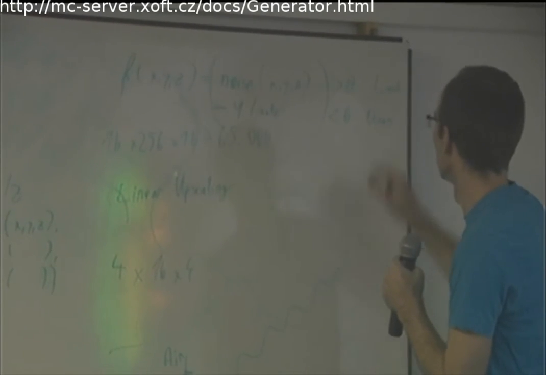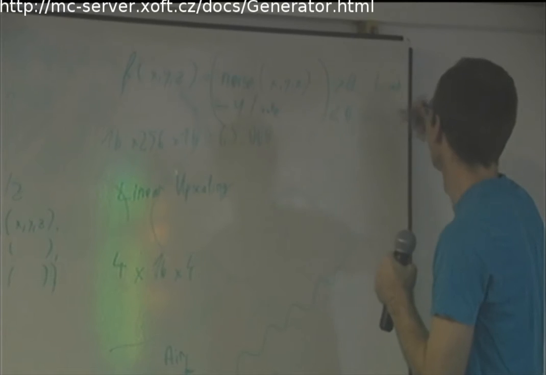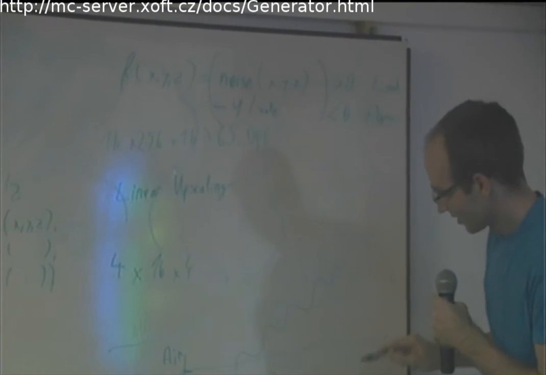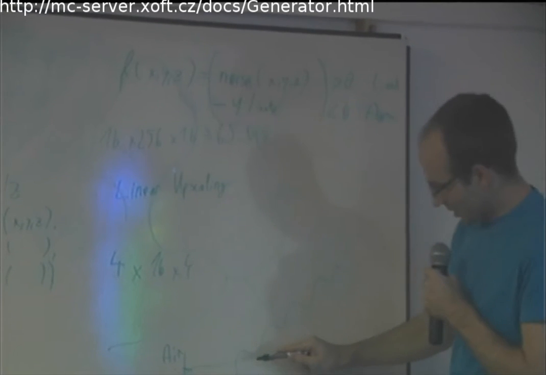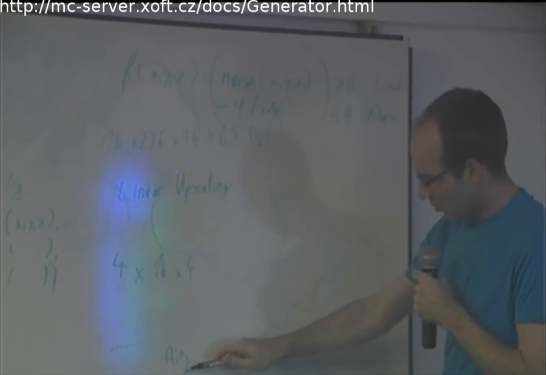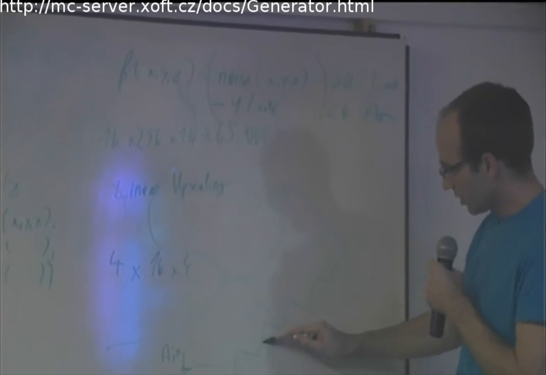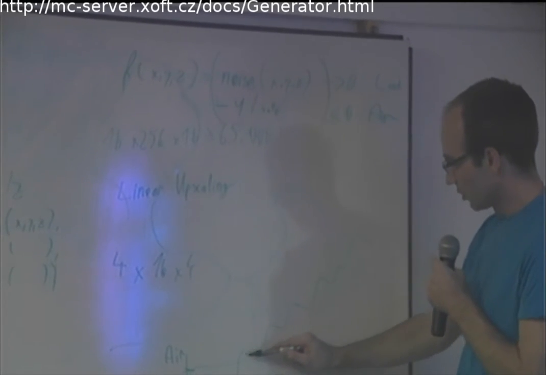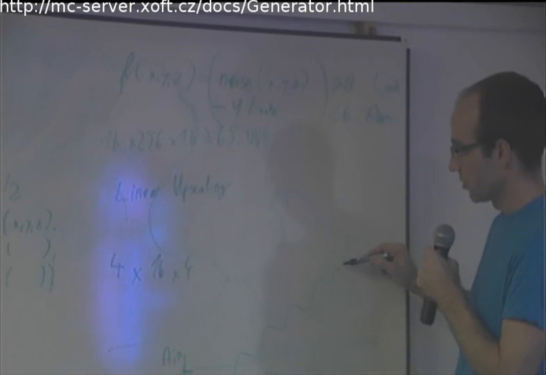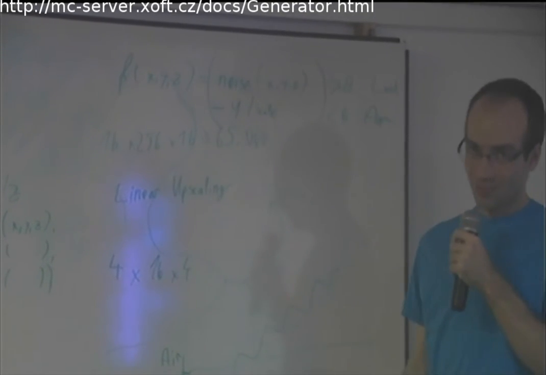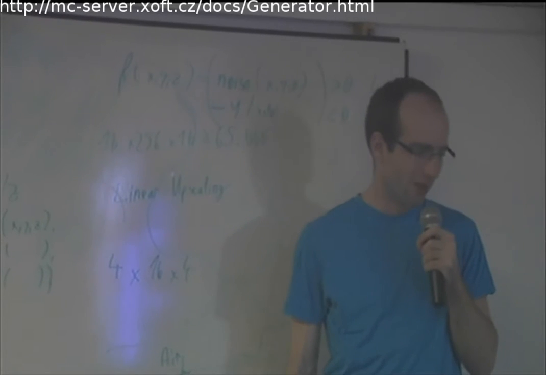Whoa, I said ocean here. Okay, so when we say upwards is air, downwards is land, it means that this noise actually generates air the more up it goes. I hope this is understandable.